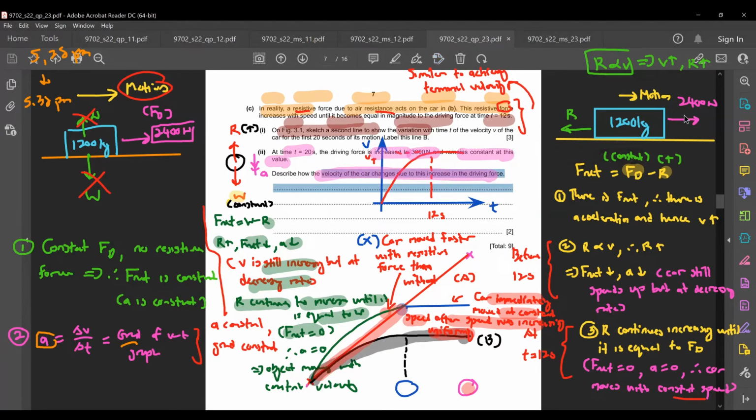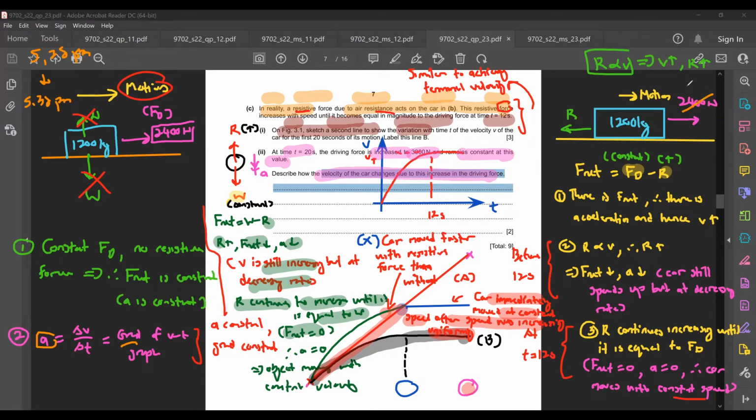So here, if you look at it this way, on the right-hand side of your diagram, rather than having 2,400 newtons, after 20 seconds you now have 3,000 newtons. You still have your resistive force here. What will now happen to the velocity of your car?